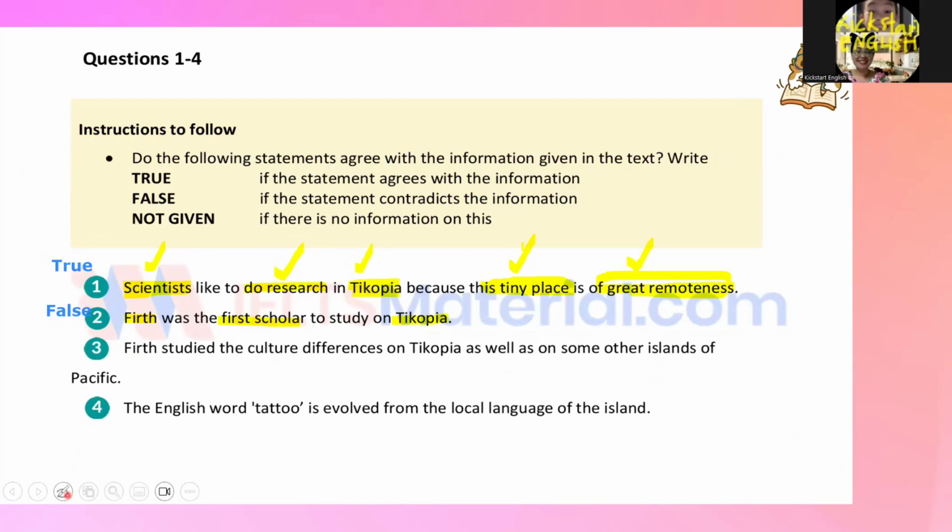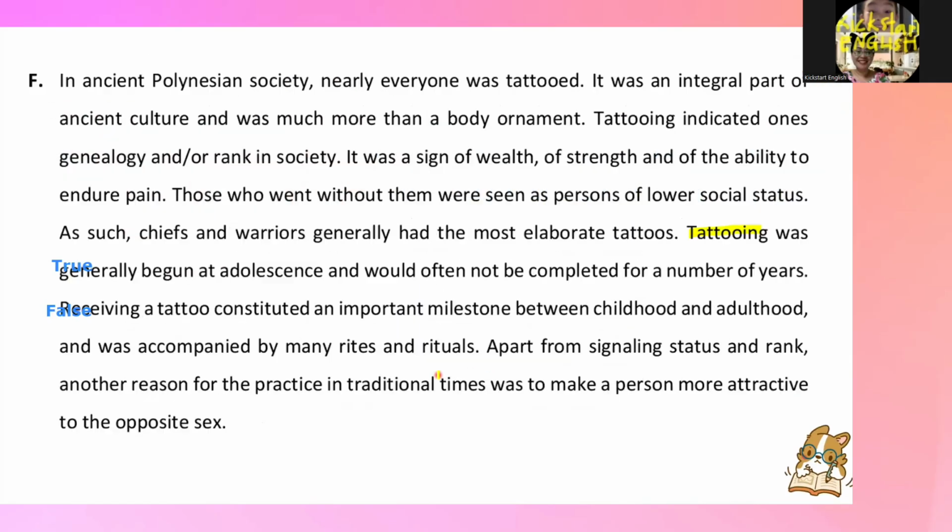Okay, so we all know that the paragraph that has Firth and his study is paragraph B, so of course we focus on paragraph B. Firth studied the culture differences in Tikopia, as well as, which means in addition, some other islands of the Pacific. So let's look for study culture difference in Tikopia and some other islands of the Pacific.